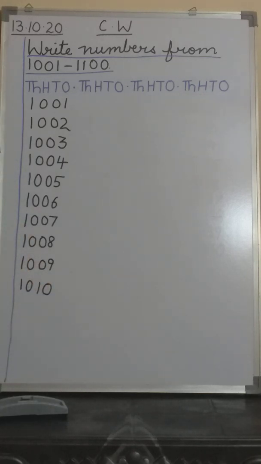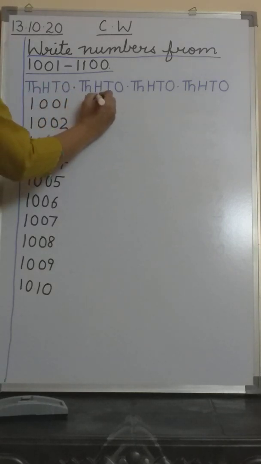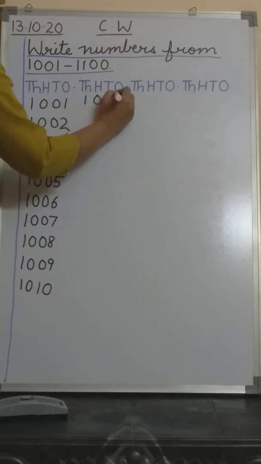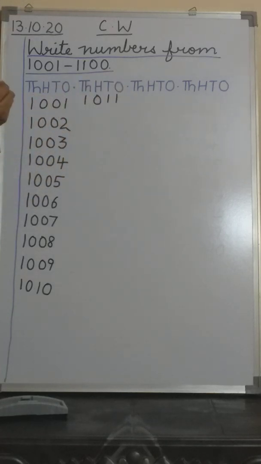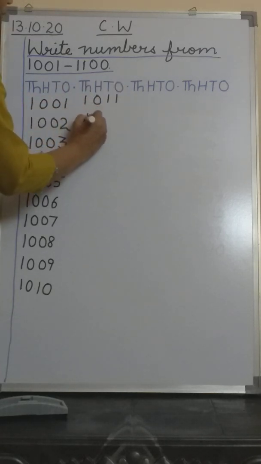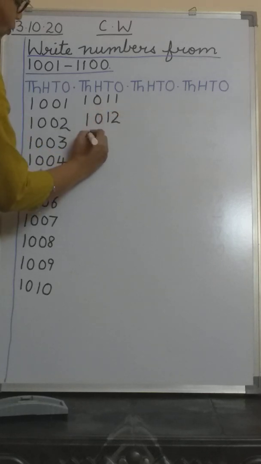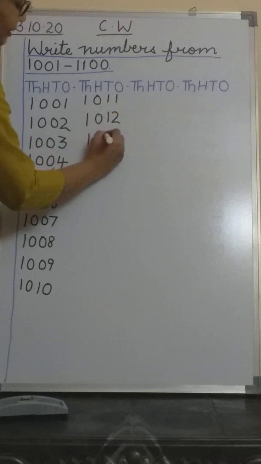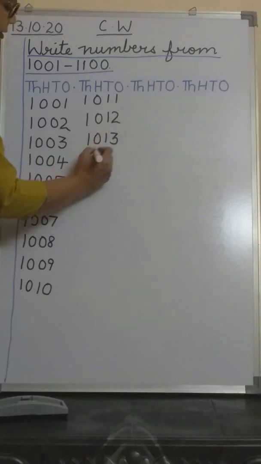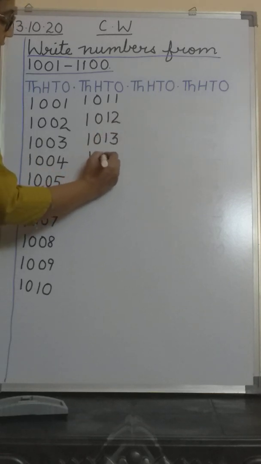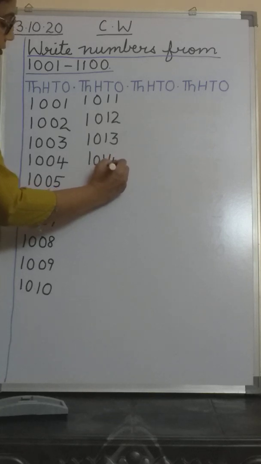Alright boys, please say and write, and can you see ma'am has left space. So please leave a box and write. Then you write 1011. Boys, please say and write. 1012, 1013, 1014.